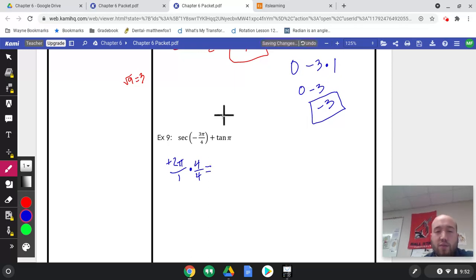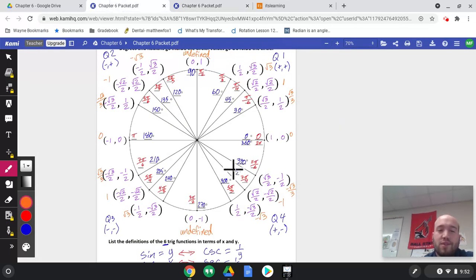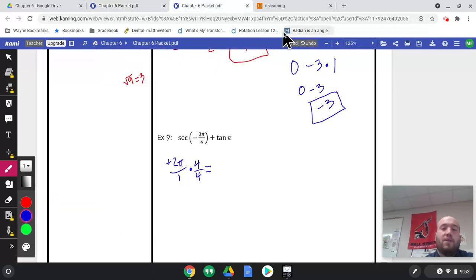One way to think about it is we always want to get it into that sweet spot between 0 and 2 pi or 0 and 360. So if it's bigger than that, you subtract 360 or 2 pi. If it's smaller than that, you add 360 or 2 pi to get it into this sweet spot. Now, we multiplied by 4 over 4. We're going to get 8 pi over 4.